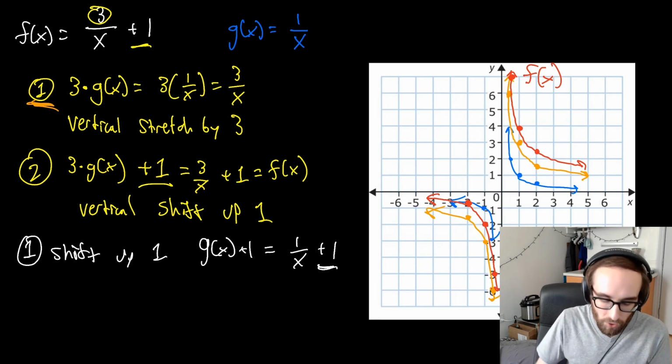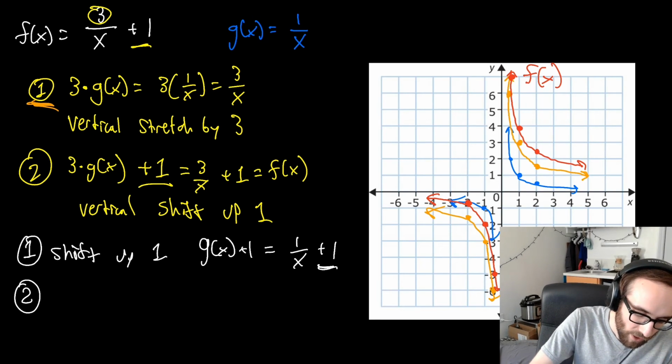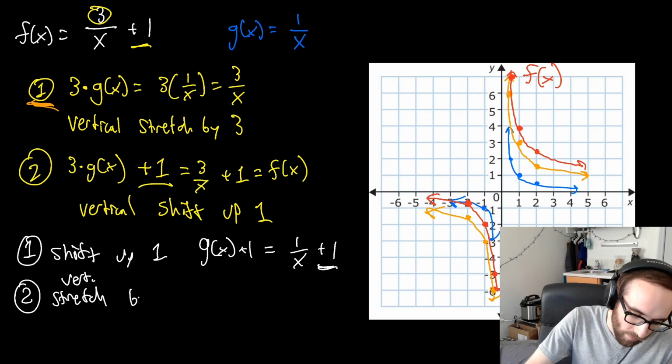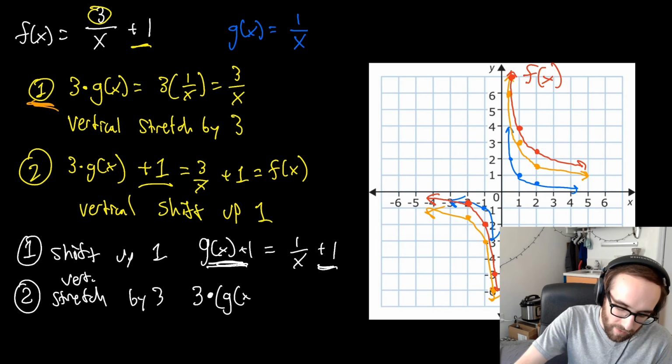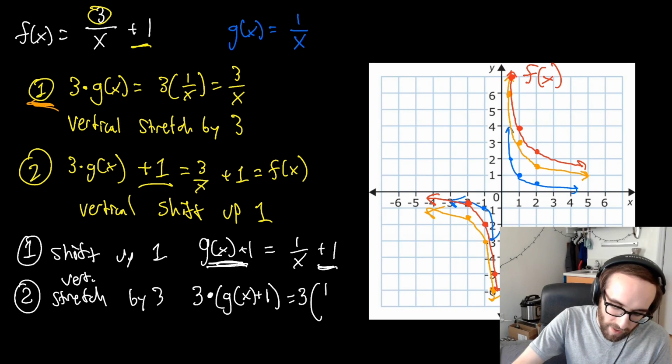We do run into an issue, though, when we apply our second transformation, which is a vertical stretch by 3. Because if we multiply the previous function by 3, we need to multiply 3 times the entire output g of x plus 1. So here we have 3 times that entire expression, 1 over x plus 1.